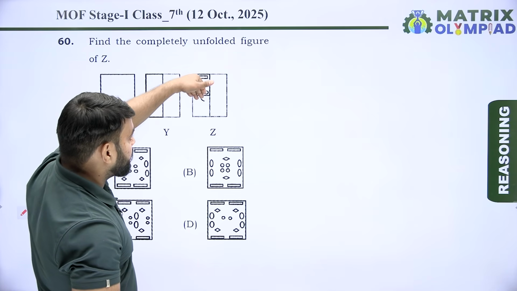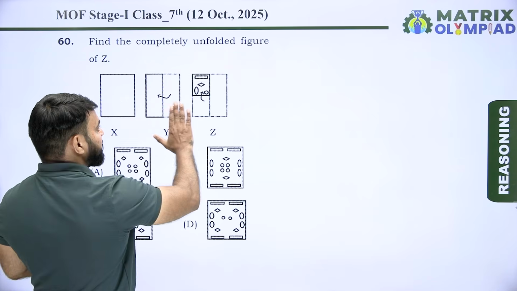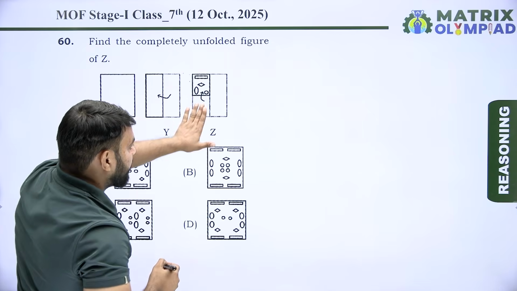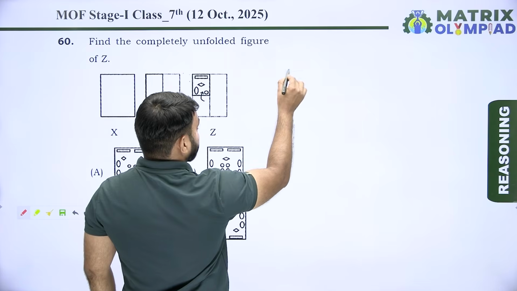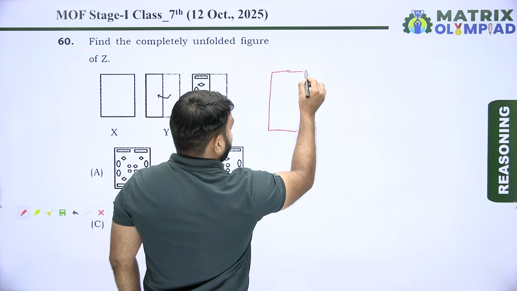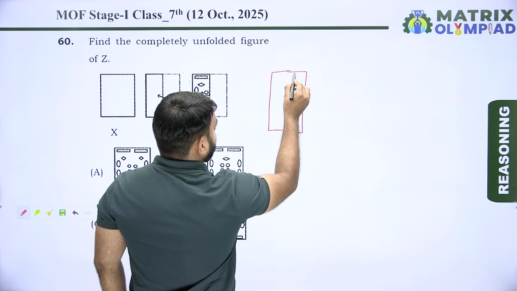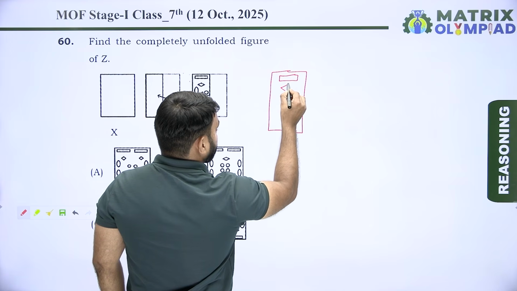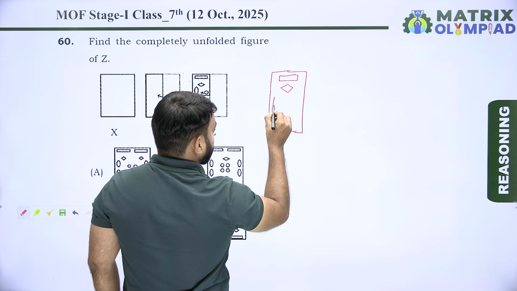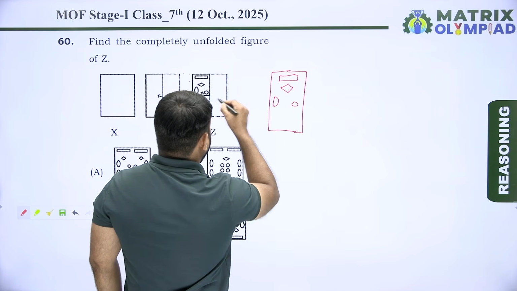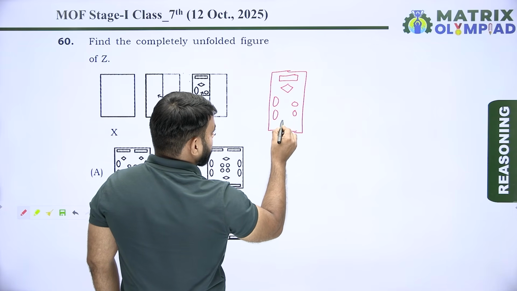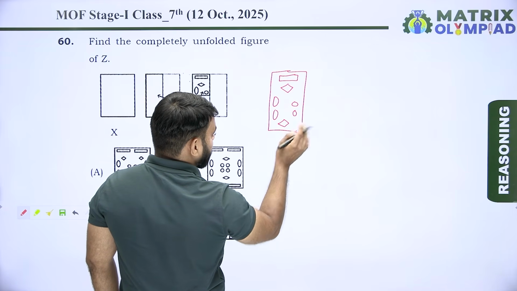So Z will be unfolded in this direction because Y has been folded in this direction. So it means Z will be unfolded in this direction. So unfold this paper, then we get an image something like this. And the mirror image of this part will look something like this.